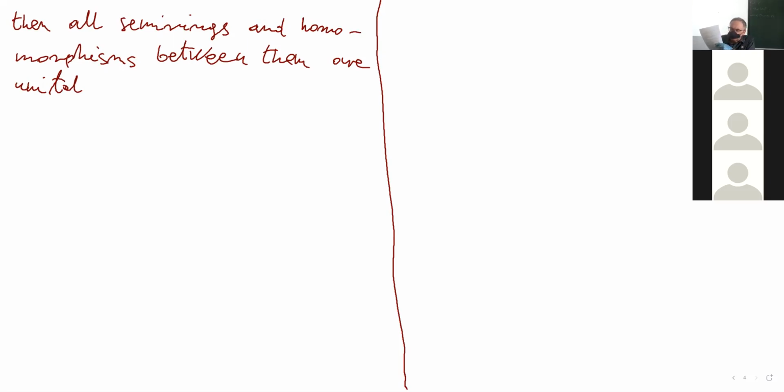All semirings and homomorphisms between them in the above diagram.